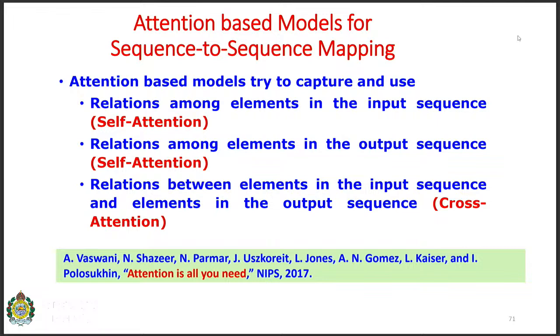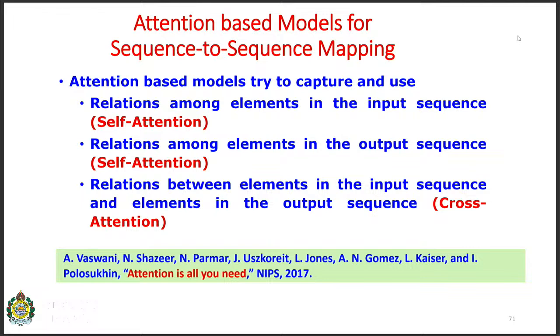And there are two types of attention. One is called self-attention, the other is called cross-attention. Self-attention captures the relations among the words in one sentence, whereas cross-attention captures the relation between a word in one sentence and a word in another sentence. So we'll have two self-attention methods.